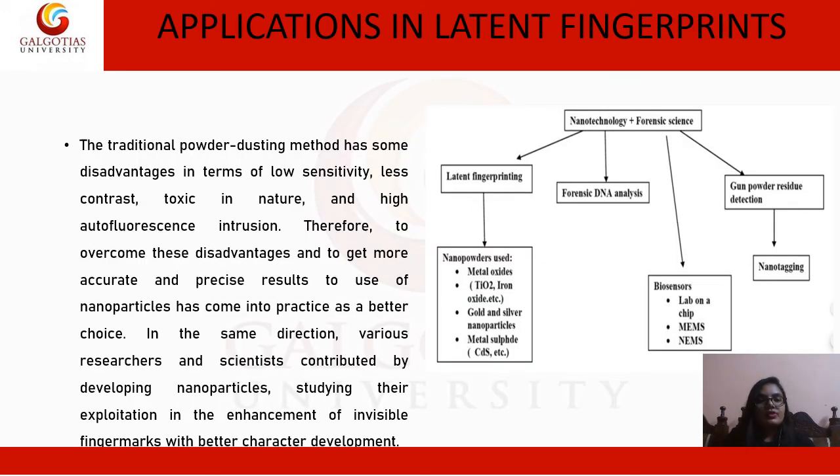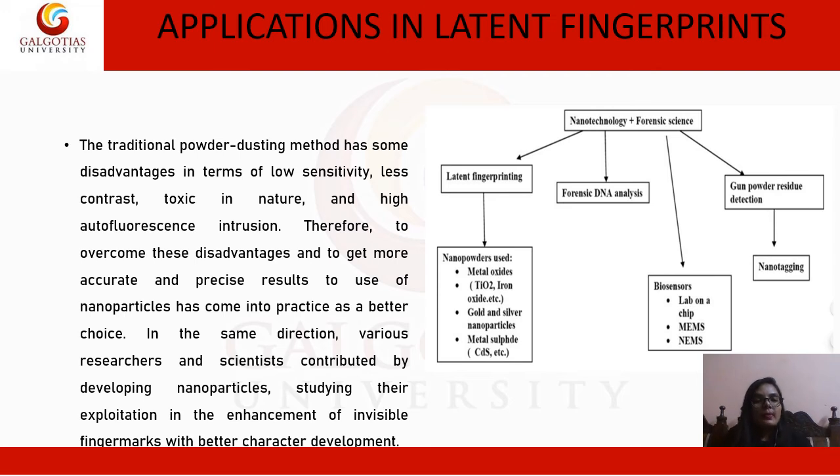So if we just focus on the fingerprint, that is what we are studying. We do use different nanopowders, which are made up of metal oxides mostly, silver nanoparticles, gold nanoparticles. Then we do have coated nanoparticles like carbon coated nanoparticles or polymer based nanoparticles.